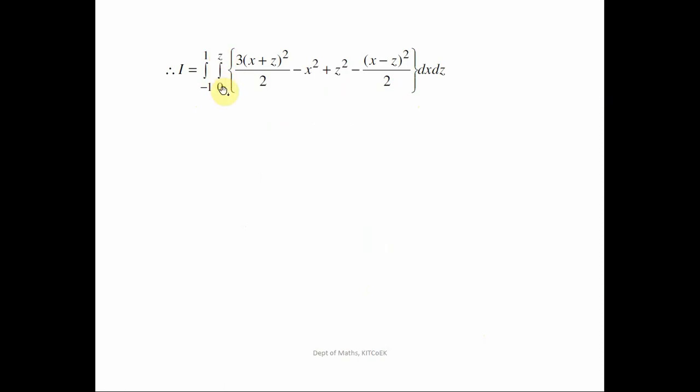Hence we will need to integrate with respect to x first, keeping z constant. So try to evaluate this inner integral first, which is written inside bracket here. Integration 0 to z of this whole integrand with respect to x, keeping z constant.